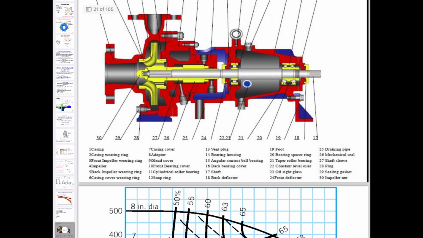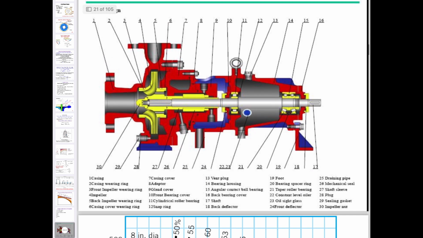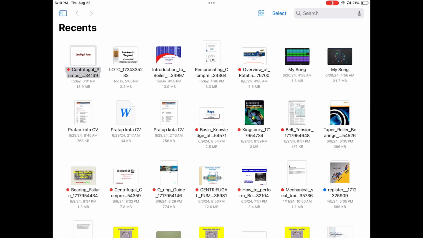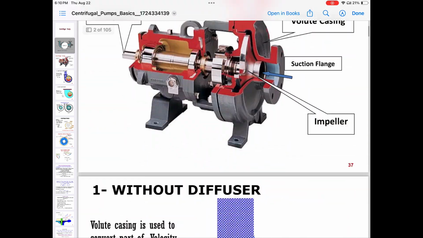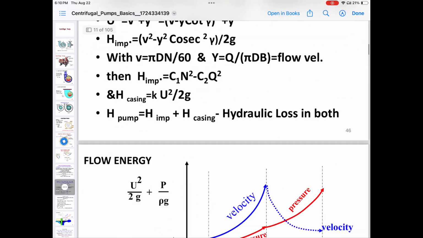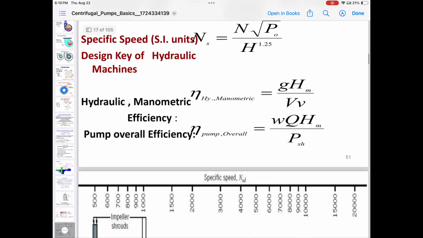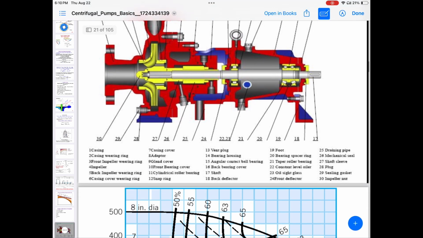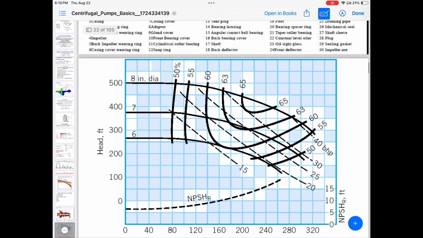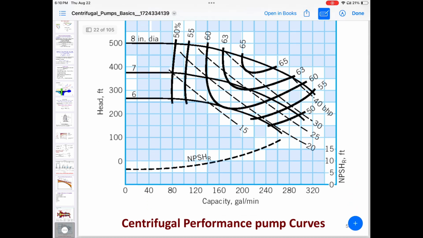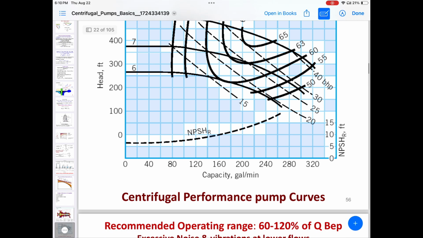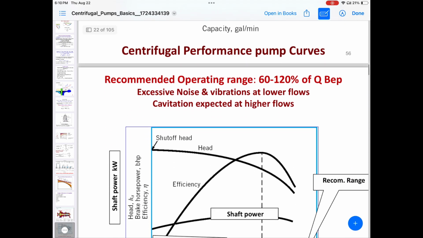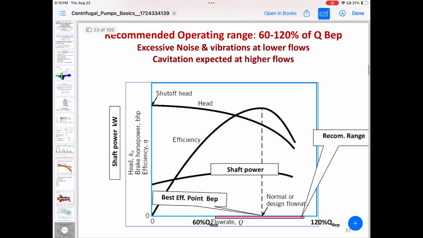See this picture of a centrifugal pump. Physically, the pump has one thrust bearing and a ball bearing, and the thrust bearing comes with centrifugal pumps.